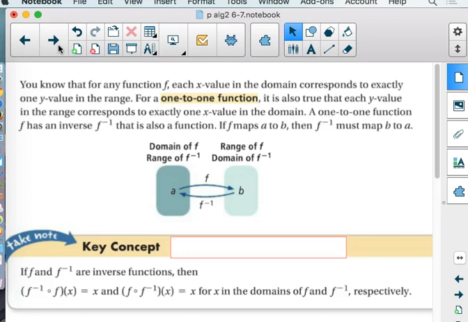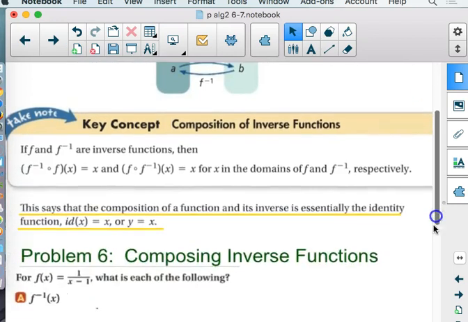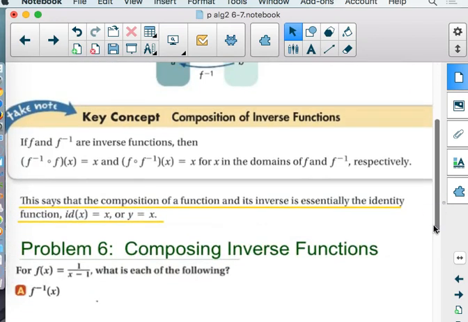So, key concept is called the composition of inverse functions. Because you can't do calculus on functions sometimes. There's certain calculus you can't do unless they are one-to-one. So how does a person get to know that the functions are one-to-one? Well, this is how.